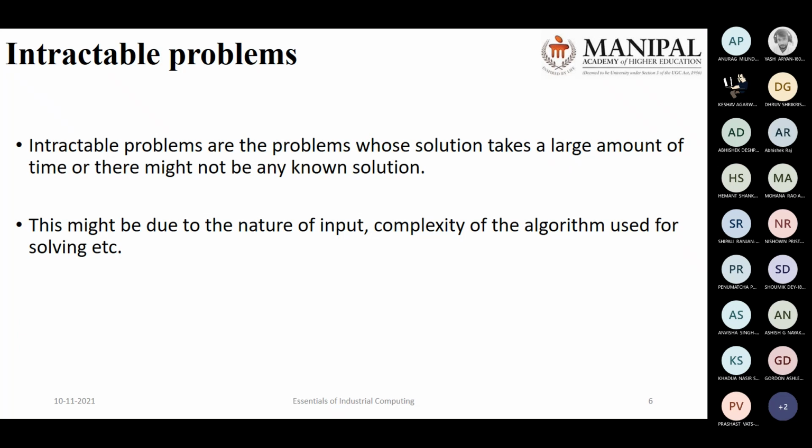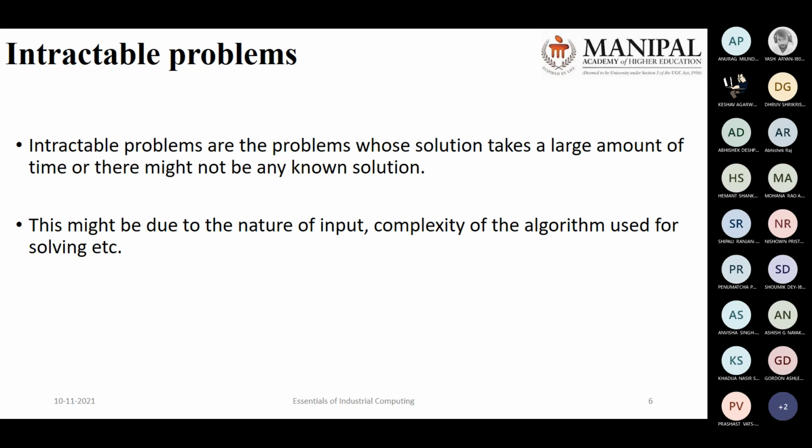In order to find a feasible solution, it's very important to identify intractable problems and study them. The reason for the worst or maximum time, or not getting any solution, could be the nature of the input or the complexity of the algorithm.